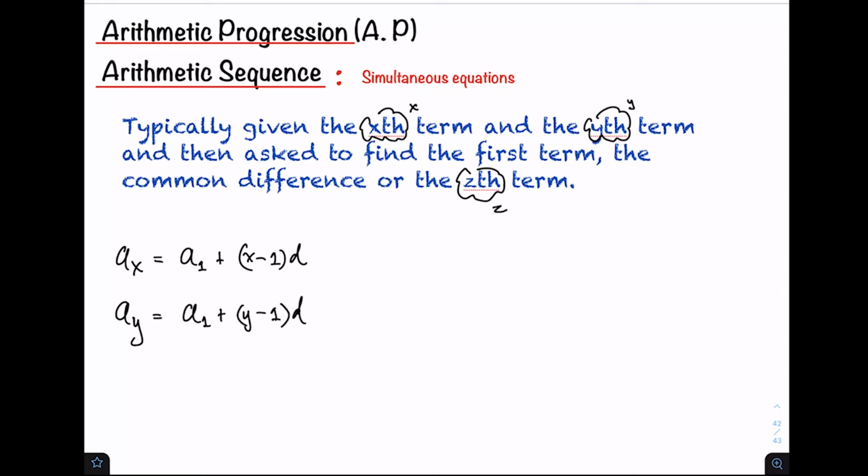If we look at this, we might recognize that we have a system of equations which allows us to solve for the first term and the common difference. So let's make a note of that. Once we have the first term and the common difference, we're able to find the z term.